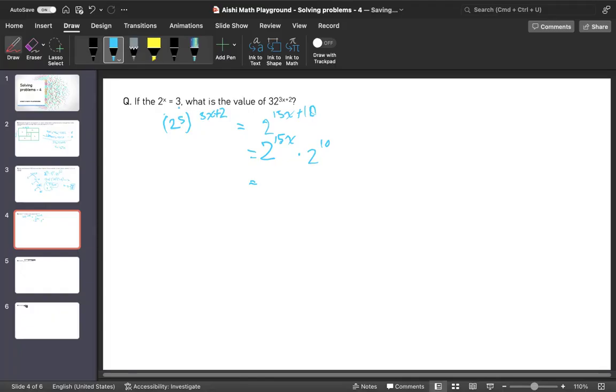So we know that 2 to the power x is 3. So we can rewrite this as 2 to the power x to the power 15 times 2 to the power 10, which is equal to 3 to the power 15 times 2 to the power 10.